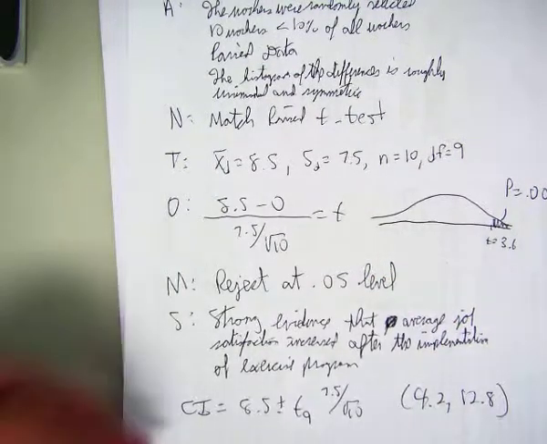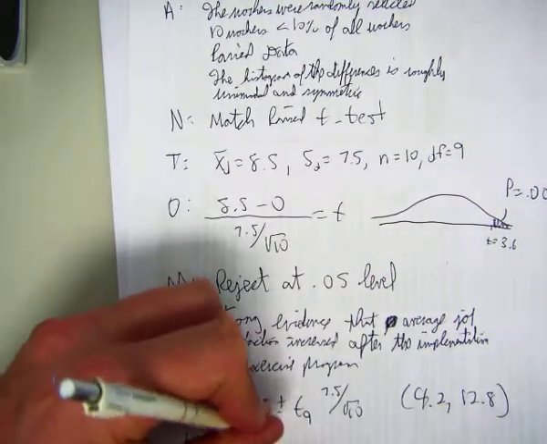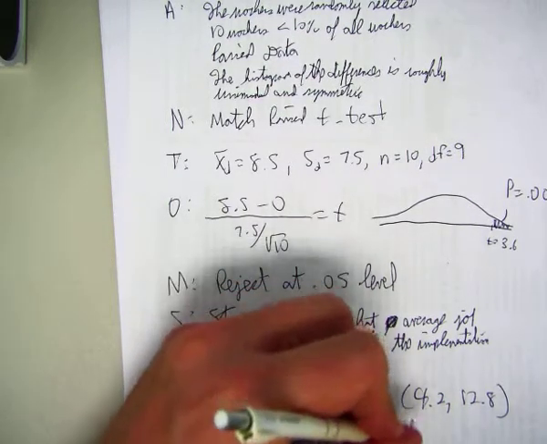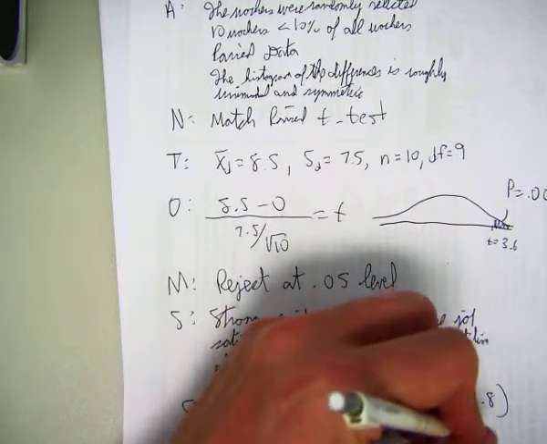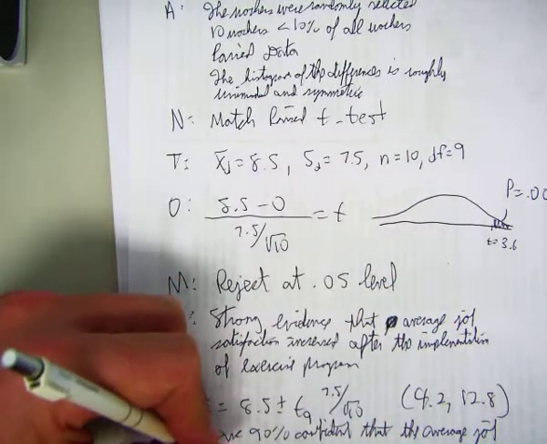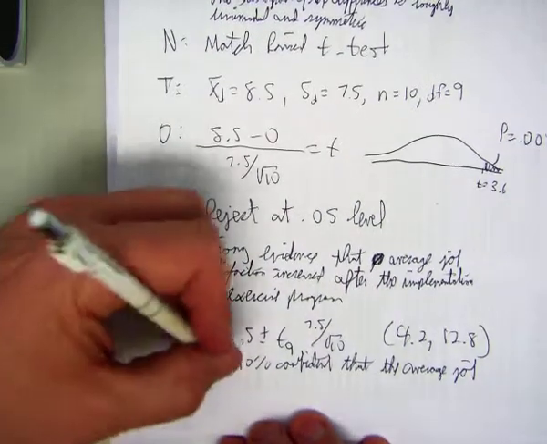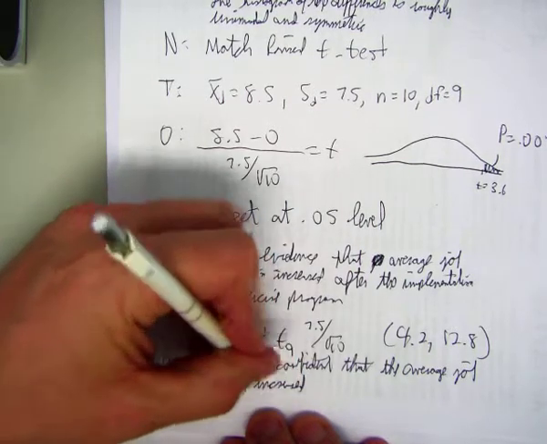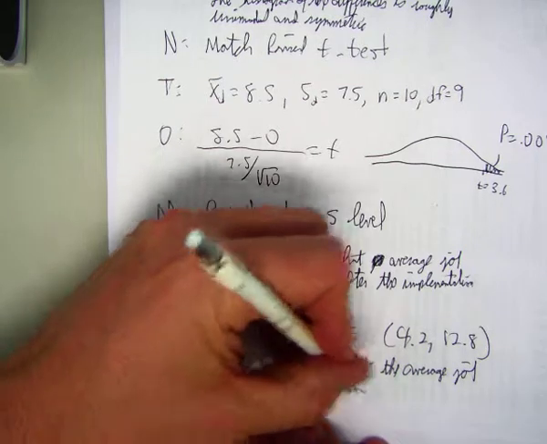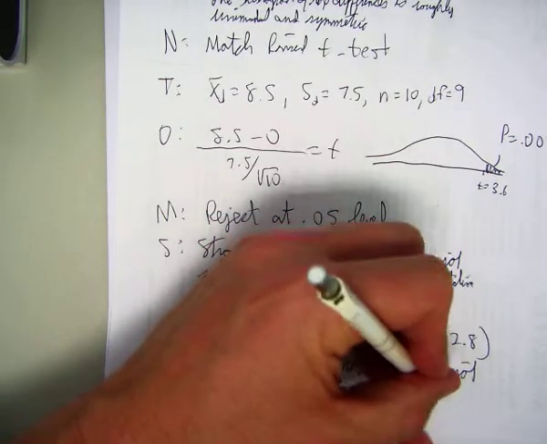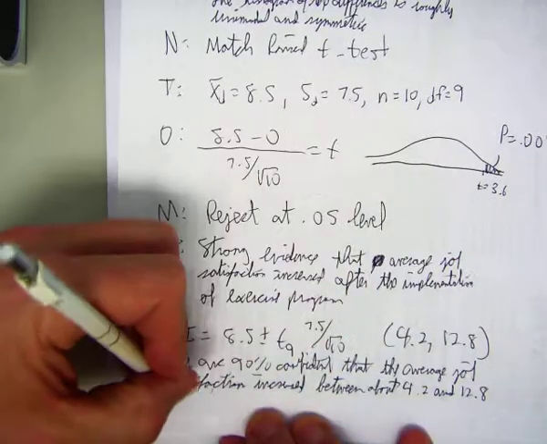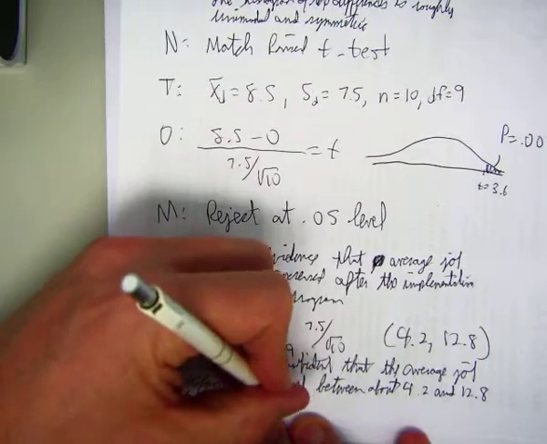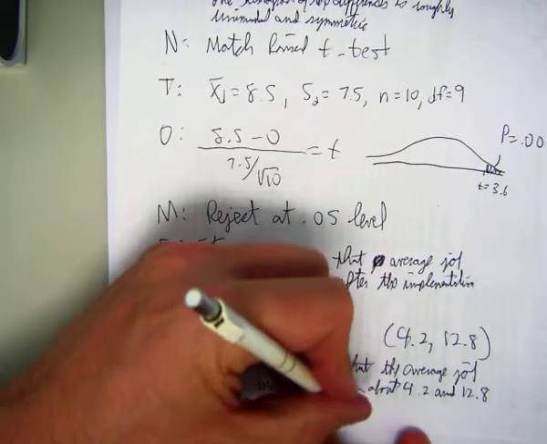And what does that mean? Well, we're 90% confident that the average job satisfaction increased between about 4.2 and 12.8 after the exercise program was implemented.